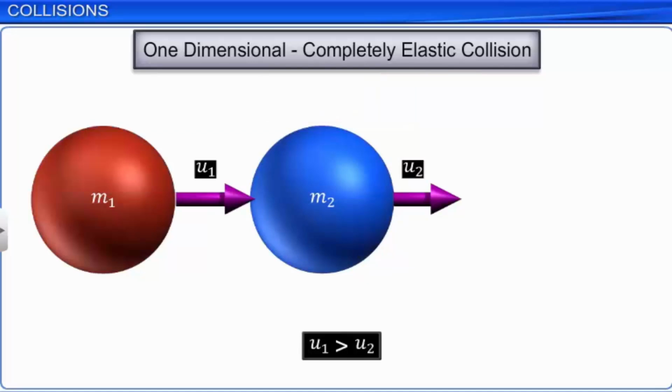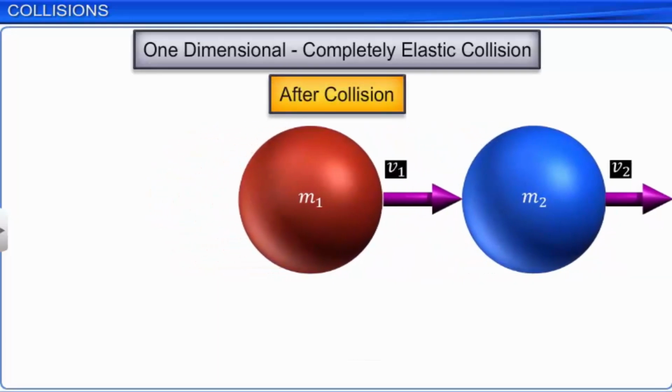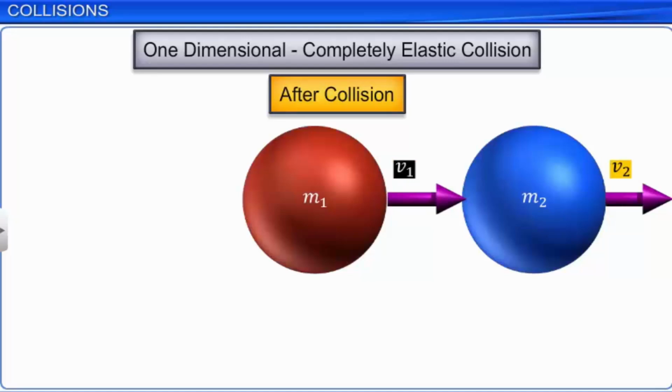If u1 is greater than u2, then there will be a collision between the two bodies. Let the collision between the two bodies be elastic, which implies that it is a completely elastic collision. Let the velocity of m1 be v1 and that of m2 be v2 just after the elastic collision.